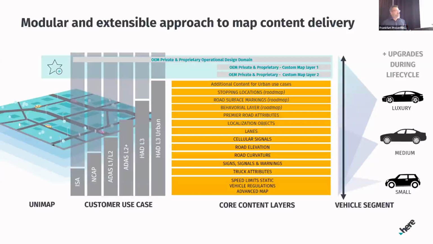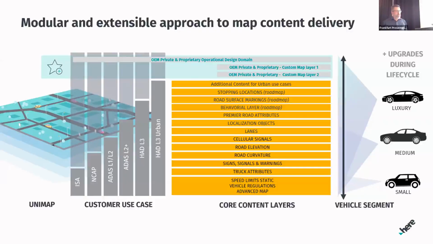The way we support them is by providing a stacked or layered map. The basis is the foundation of the map: road model, vehicle regulations, and so on. And then on top, we add what you could call advanced or extra layers, which address specific use cases.